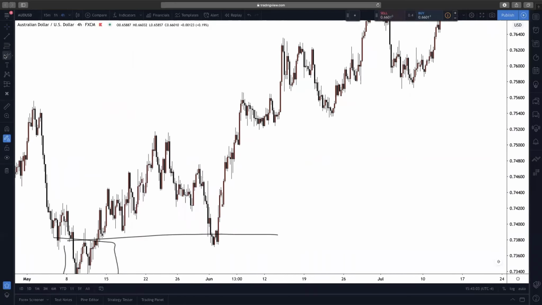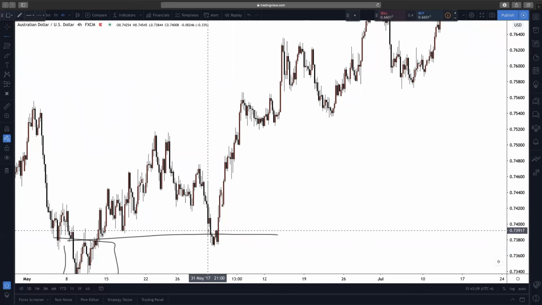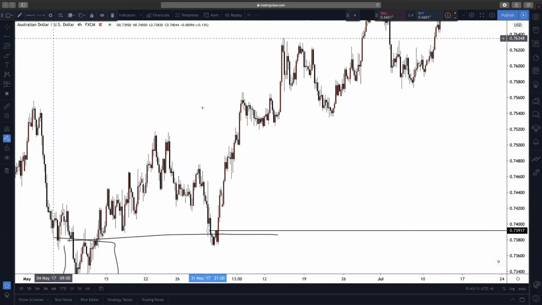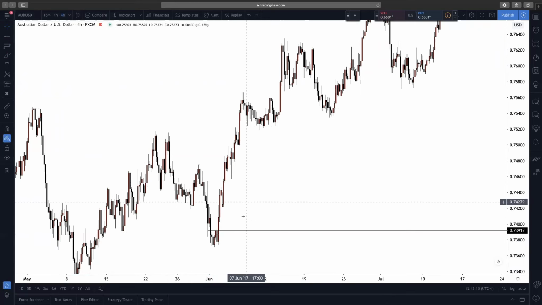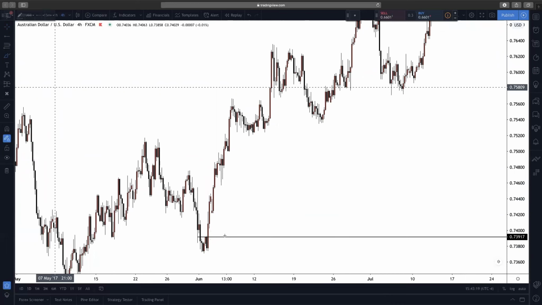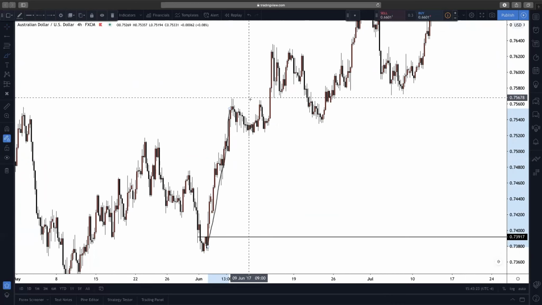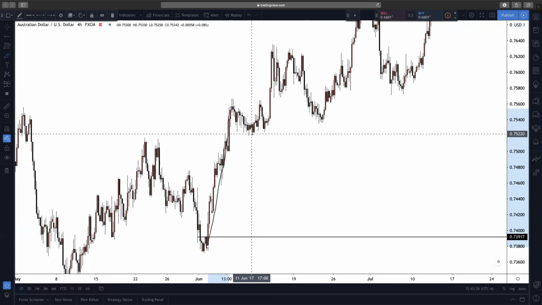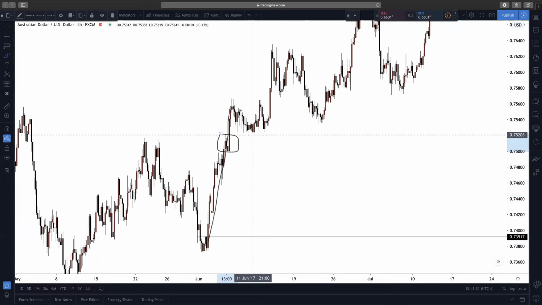Okay, so I would say this zone right here is a possible area of interest in the near future, whenever price comes back there. No rush, let price do its thing. Here we have a demand, and then this is our last structure. Price comes back to retrace that.